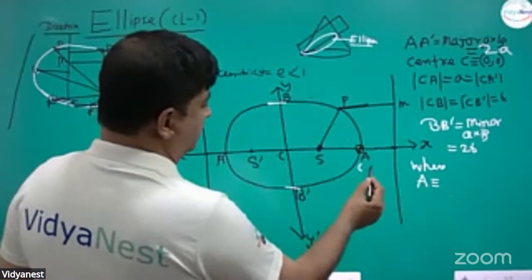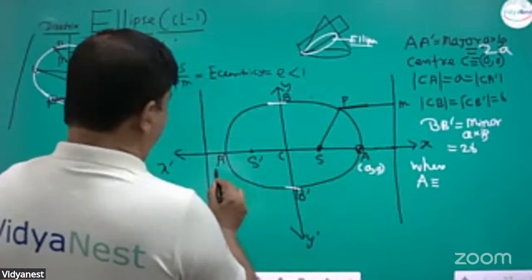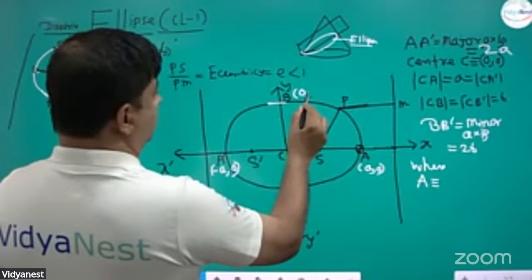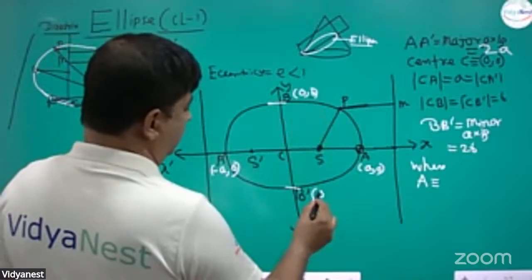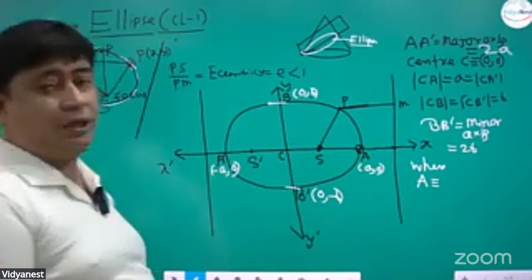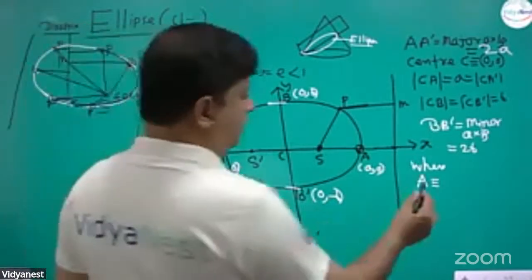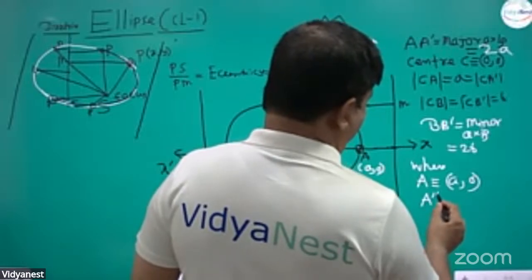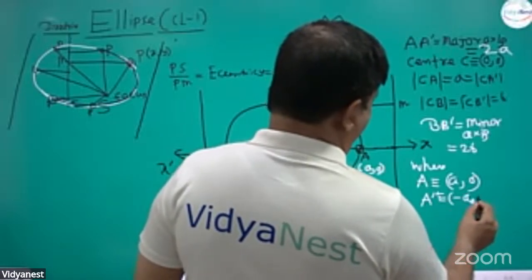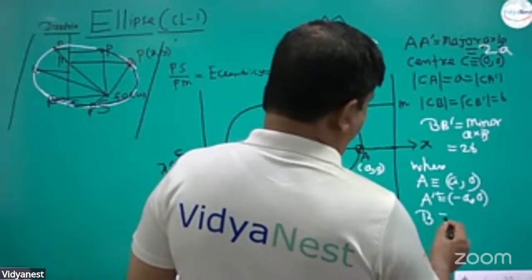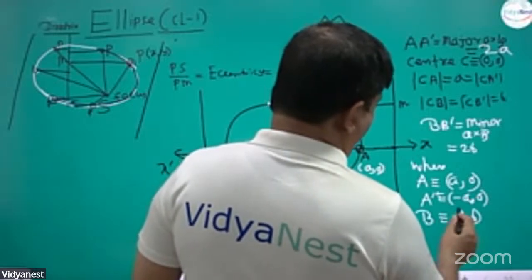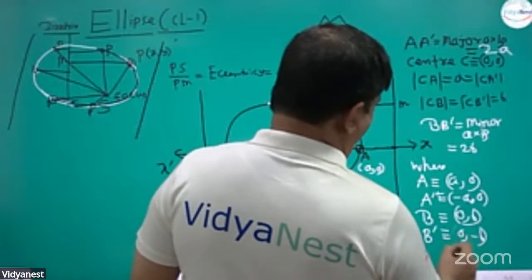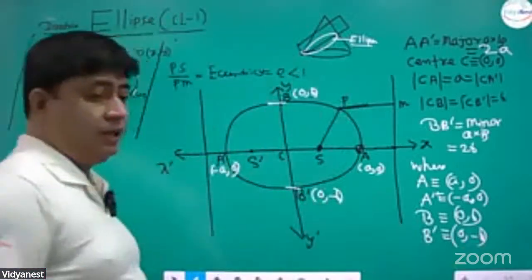that is A comma 0, this is minus A comma 0, 0 comma B, 0 comma minus B. Okay. A comma 0, A dash, minus A comma 0, B, 0 comma B, B dash, 0 comma minus B. Okay.